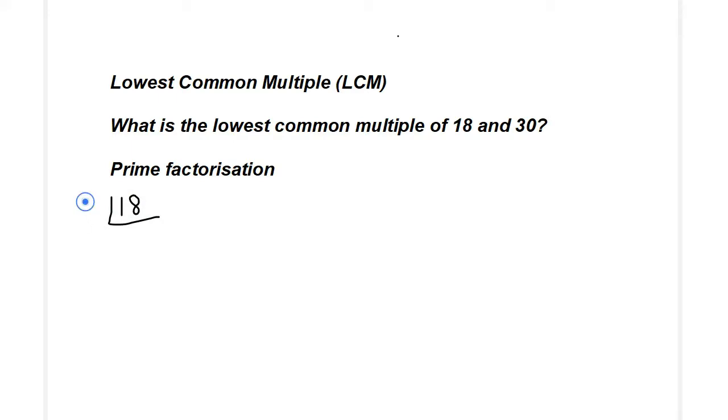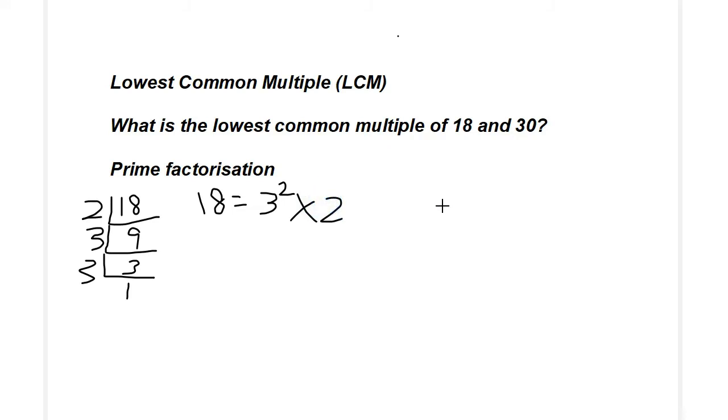Okay, 18 divided by 2 is 9, divided by 3 you get 3, divided by 3 you get 1. So we can say that 18 is equal to 3 to the power of 2 times 2. And we do the same for 30. 30 we can divide by 2, divide by 5, and 3.